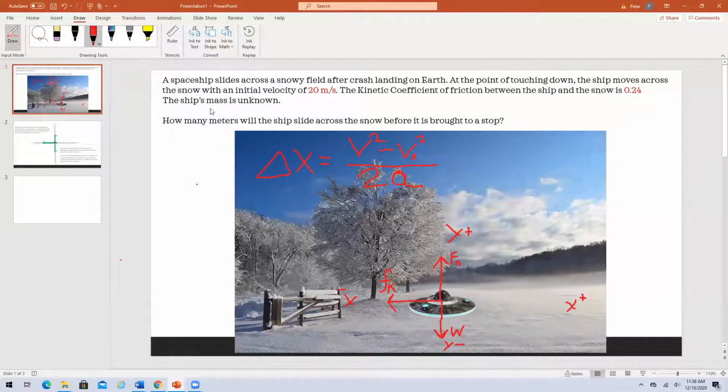So you may have noticed, I think I mentioned at the beginning of the problem, that I left mass out of the problem. We don't know what this spaceship is in terms of mass, and because of that, we really can't know what the weight is. And because we can't know what the weight is, it becomes really difficult to know what the normal force is.